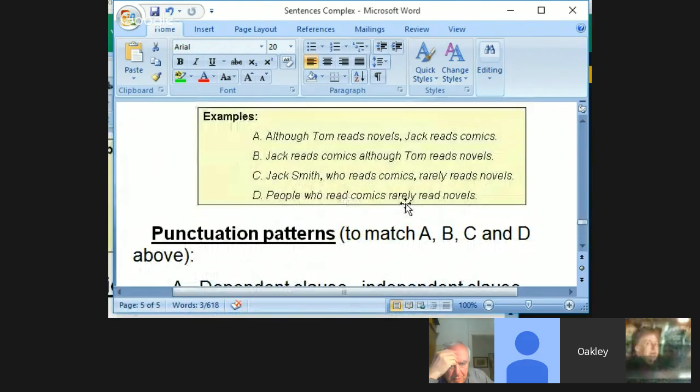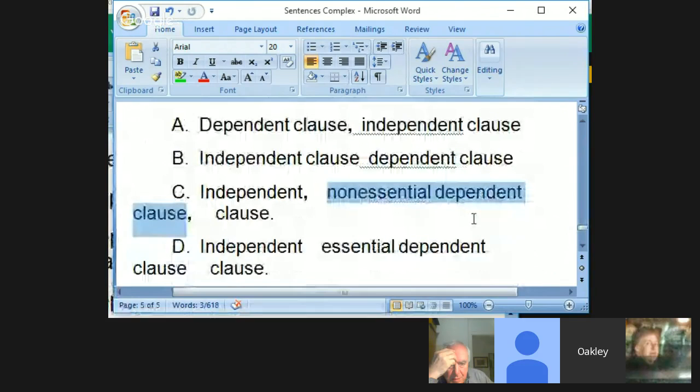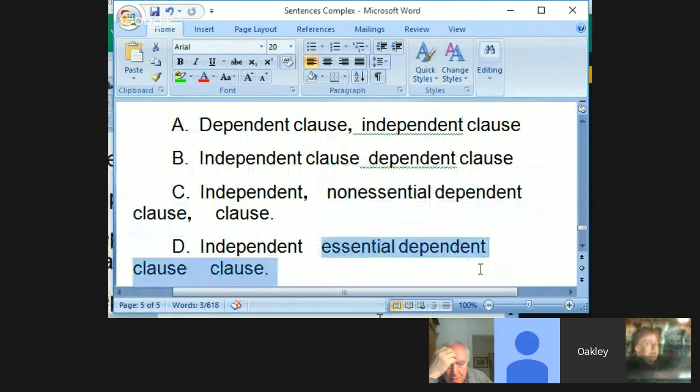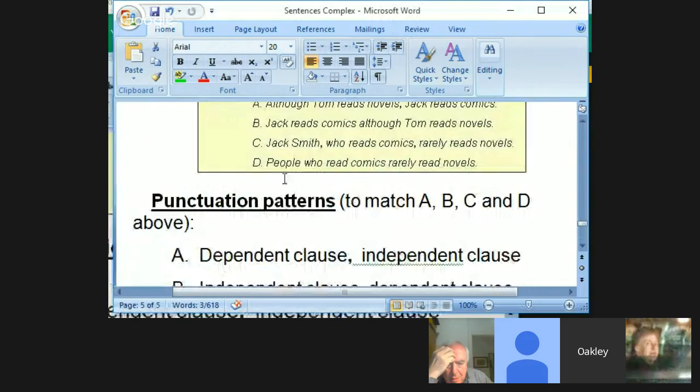The last one, think about this. People who read comics rarely read novels. All right, what do we have? The independent clause, which is broken up in the middle, has an essential dependent clause. So the independent clause is people rarely read novels. It doesn't really make sense by itself, does it? It could be people, the principal, simply people.